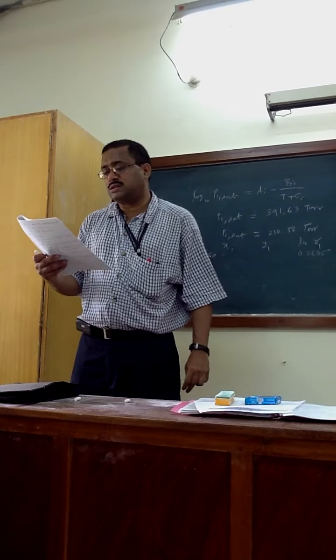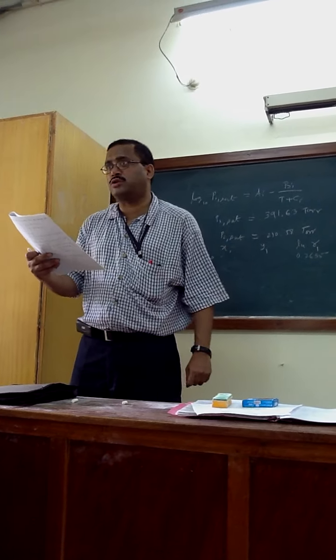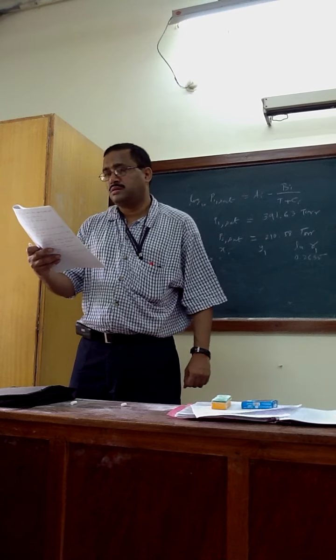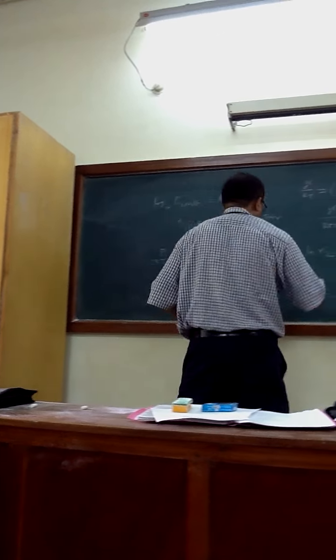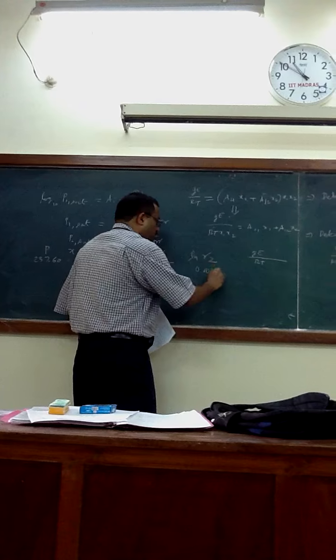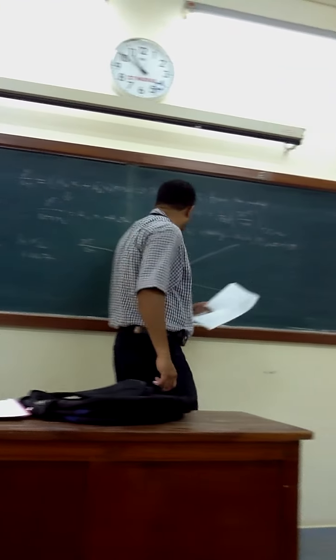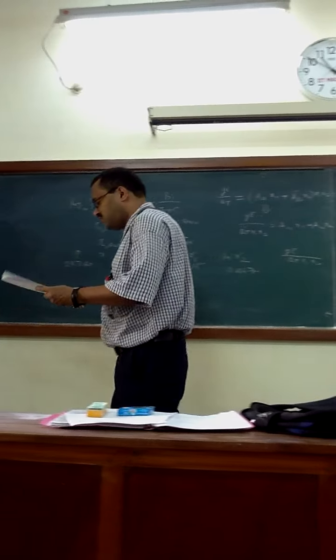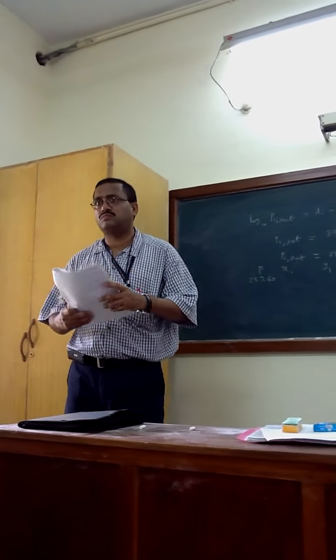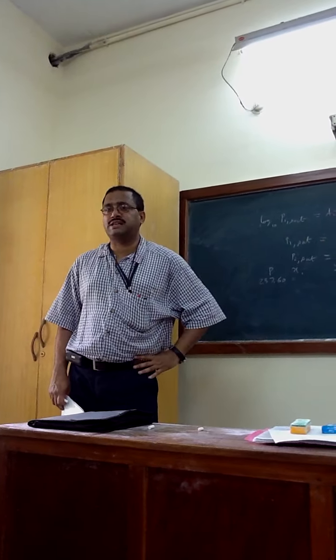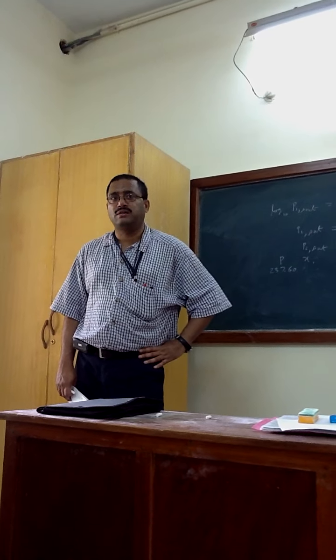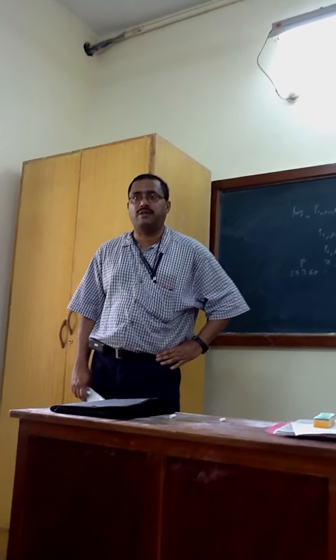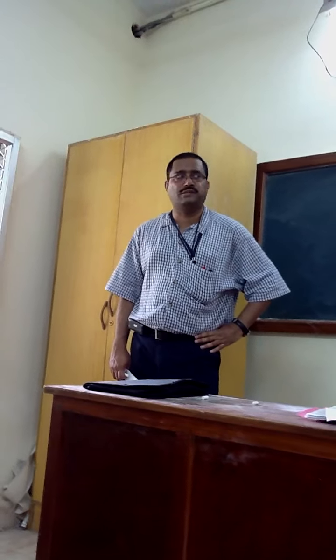Ln gamma 2 is minus, I am not seeing that. How much is ln gamma 2? 0.0047. What is G^E/RT x1 x2? G^E/RT is nothing but the summation of xi ln gamma i. First calculate G^E/RT, then divide by x1 x2 and get the value. It's all very simple. How much?